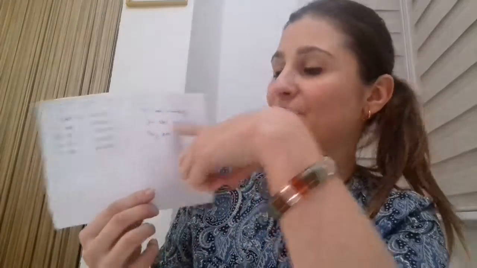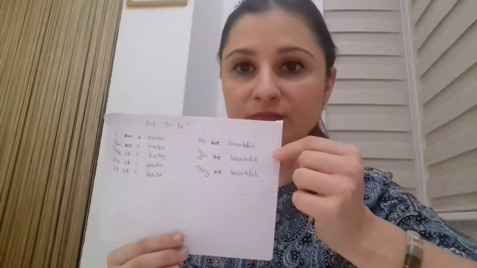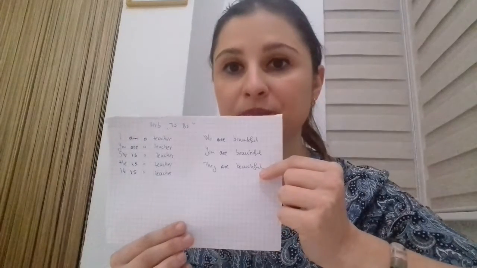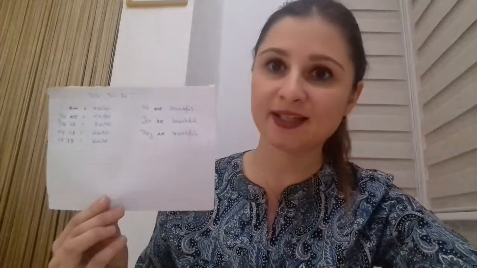She, he, it is a teacher. We are beautiful. You are beautiful and they are beautiful. As I wrote here, this is verb to be, and we form it just like this. I think it's easy, not something too difficult.